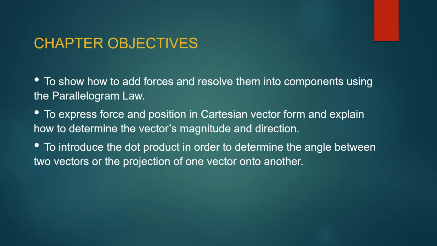And also explain how to determine the vector's magnitude and direction. I'm also going to introduce you to the dot product in order to determine the angle between the vectors or the projection of one vector onto another.